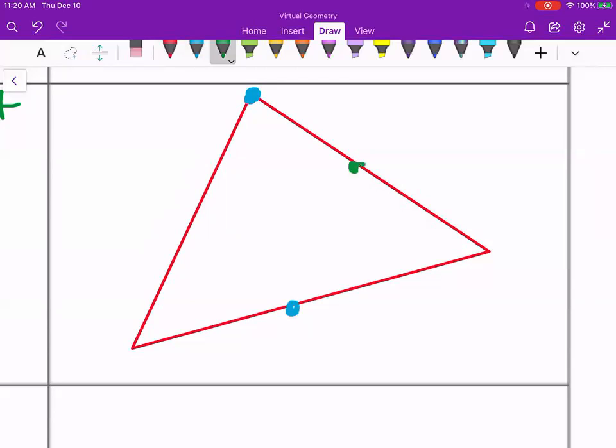So it's actually better if I get the midpoints first. All right, so all three of those dots on the edges of the triangle, those are my midpoints. And when I connect the midpoint to the vertex, that's when I make a median. Again, there's 3 of them in every triangle.